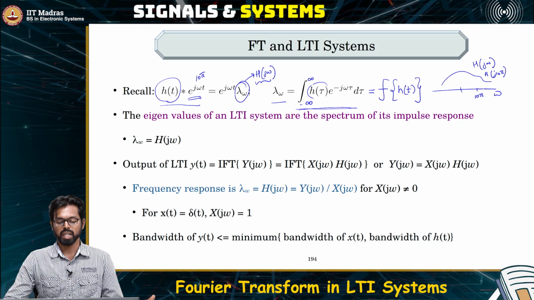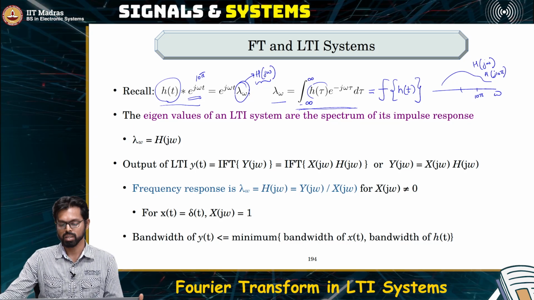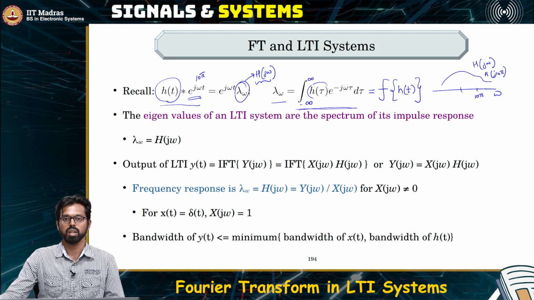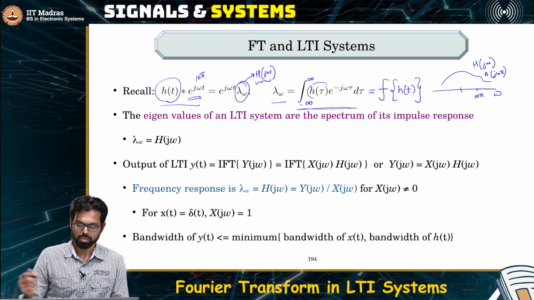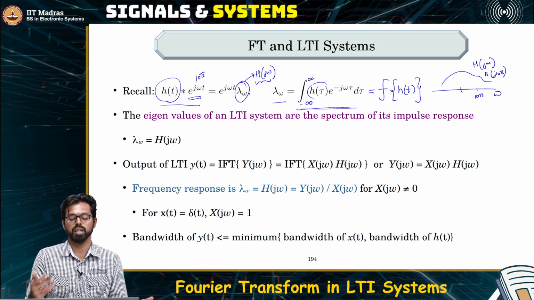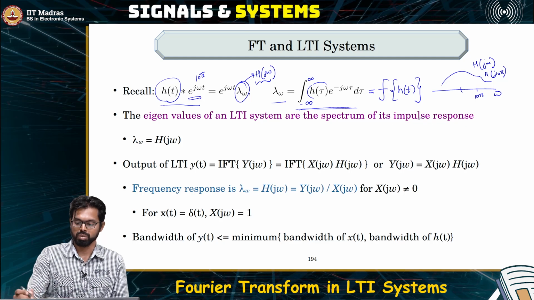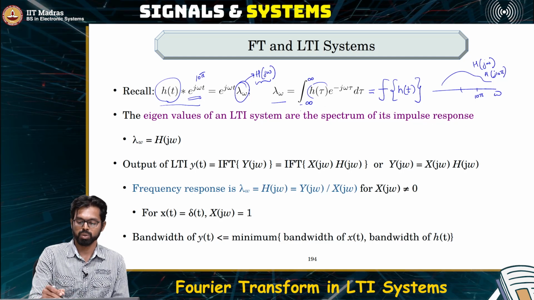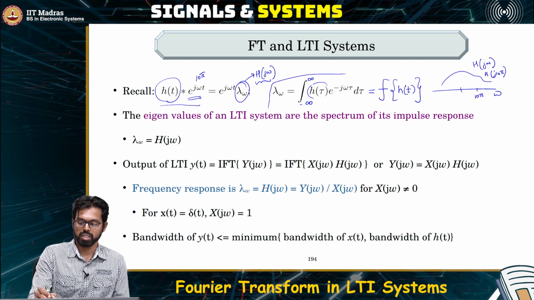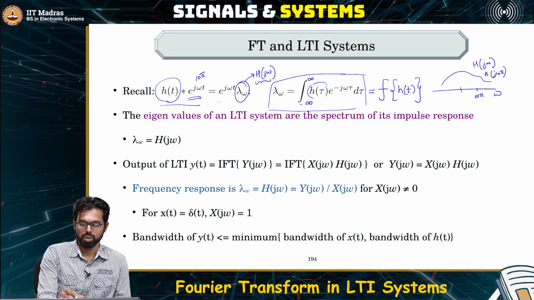The spectrum of the LTI system is nothing but the eigenvalues for all possible phasors that can be fed into the input of the LTI system. So this is what we see here. The eigenvalues of an LTI system are in fact nothing but the spectrum of its impulse response. So if you take the impulse response and compute the Fourier transform, then each and every value in that spectrum is nothing but the eigenvalue that you can multiply here.